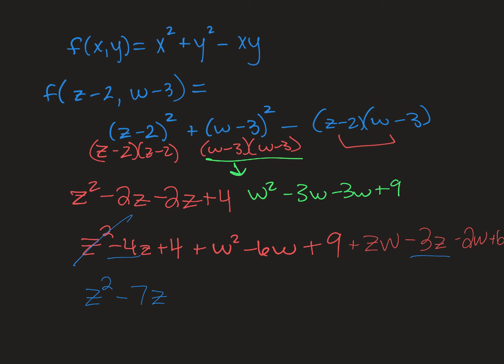And then we have w squared, then negative 6 and negative 2 become negative 8w. I'm going to mark up the stuff I'm done with. Then I'm going to bring in my zw, and then I have 4 and 9 and 6. So that is a 19 at the end.